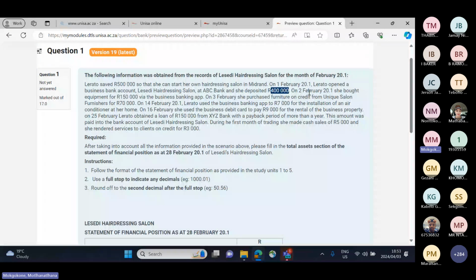On 2 February, the next day, she bought equipment for 150,000 via the business bank app. Here the business purchased equipment. If you purchased, that means the business bank account decreases by 150,000.